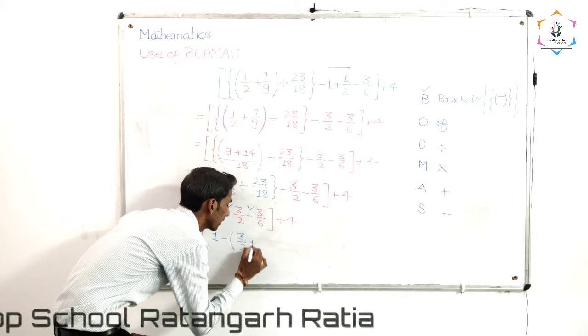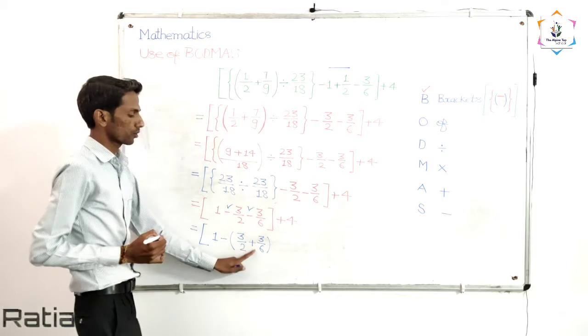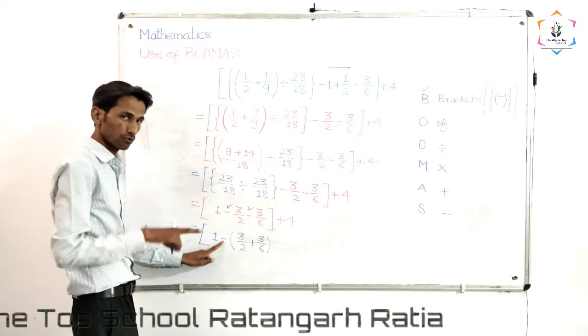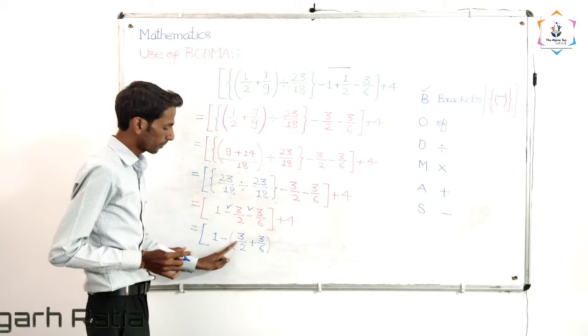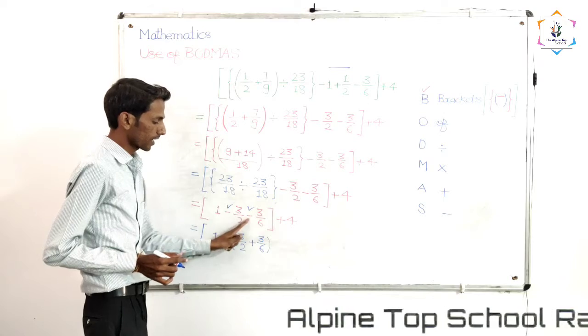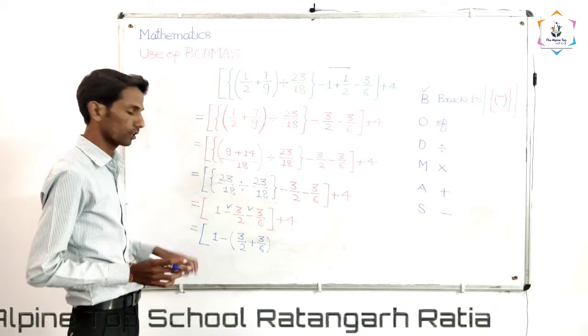In the same way, this 3 by 6 also now has a positive sign because I have taken the negative sign as a common. When you transfer the negative sign to the interior side, according to the multiplication rule, plus minus minus 3 by 2, plus minus minus 3 by 6, again you will get the same result. I hope you have clear how we can do here.